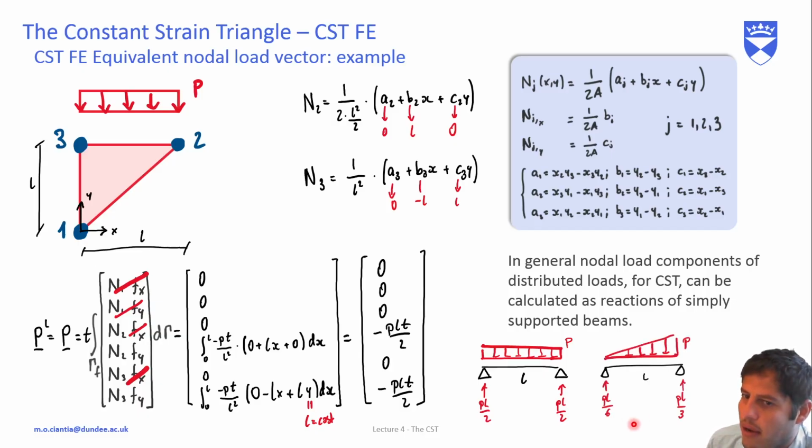This would be PL over 6 on one side and PL over 3 on the other, okay? So you can use this directly without going through the general framework definition, and use this to calculate the nodal load vector for the distributed surface loads.